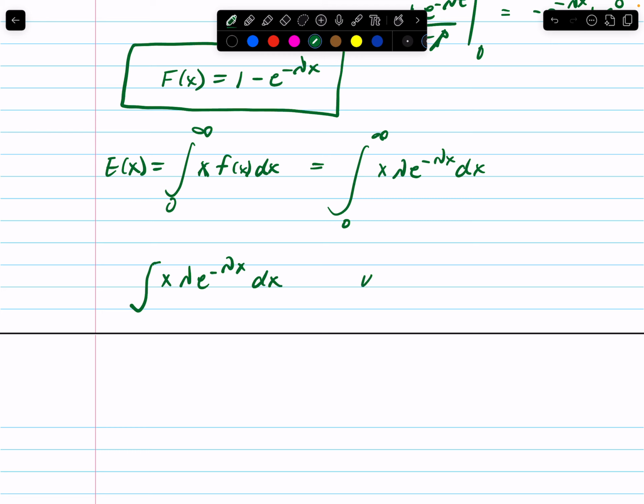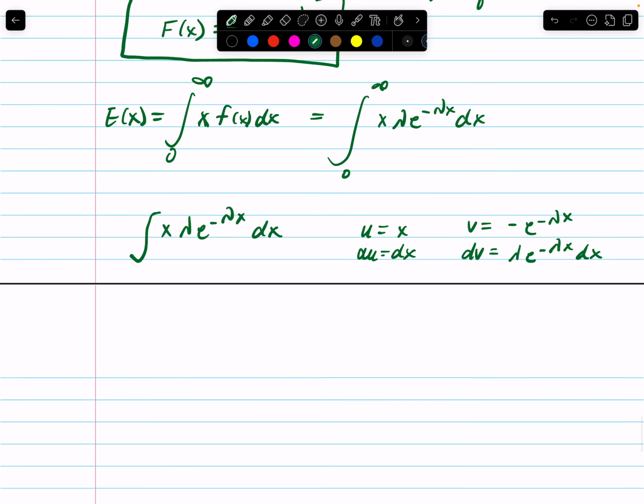So we're going to let u be equal to x and dv equal to lambda e to the negative lambda x dx. This means du is dx. This means v is negative e to the negative lambda x.